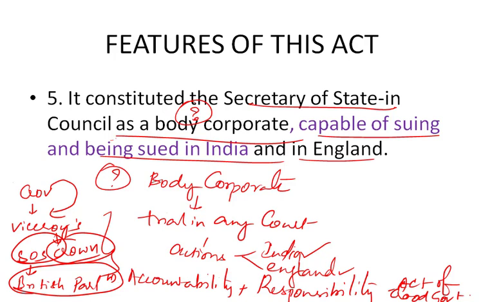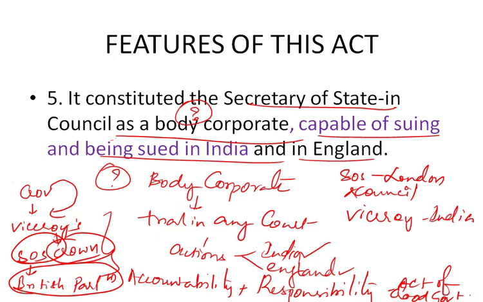The Secretary of the State will reside in London, and from London he and his council will look after the affairs of India, but the Viceroy of India will reside in India, and through India only he will look after the affairs of India. And that's why, for the first time, accountability and responsibility is vested in Indian administration. That's why this act is known as the Act of Good Government.